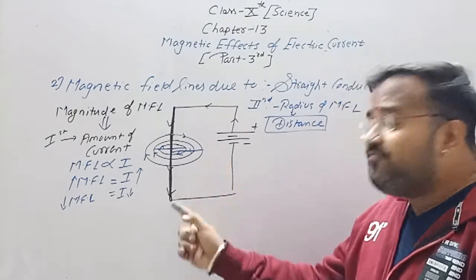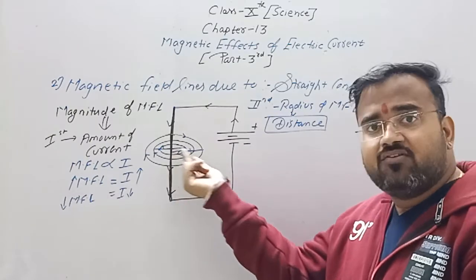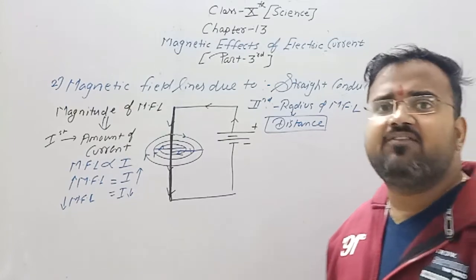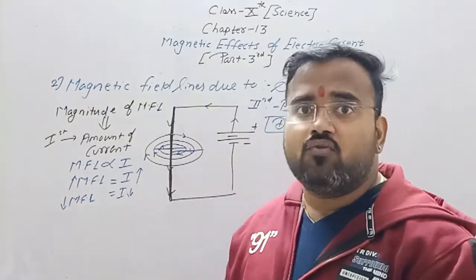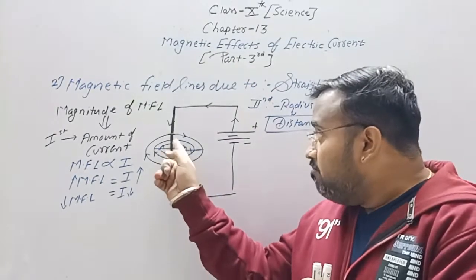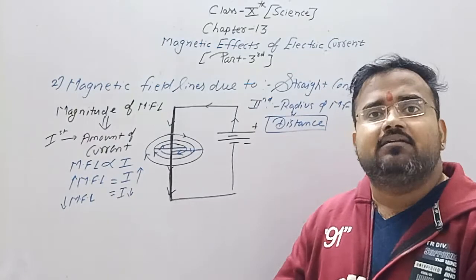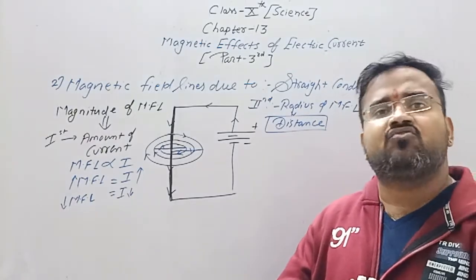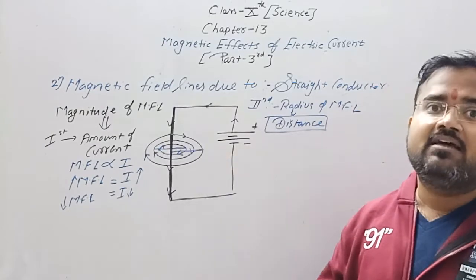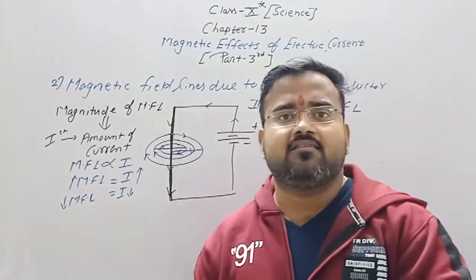If the distance increases in the direction away from the conductor, then the strength of the magnetic field decreases. So it is clear that at a point near the conductor, the magnetic field is stronger, and at a point away from the conductor, the magnetic field is lower or weaker, we can say.